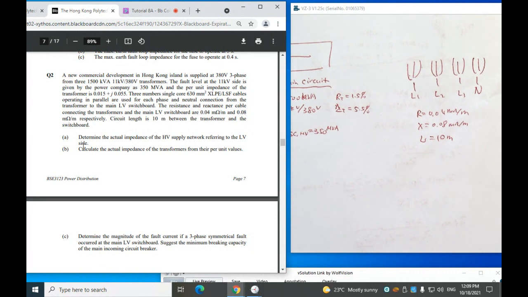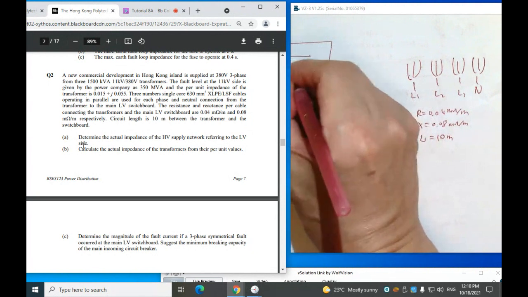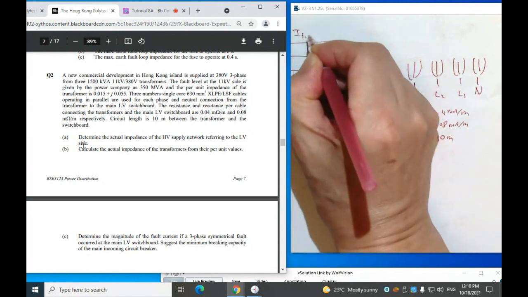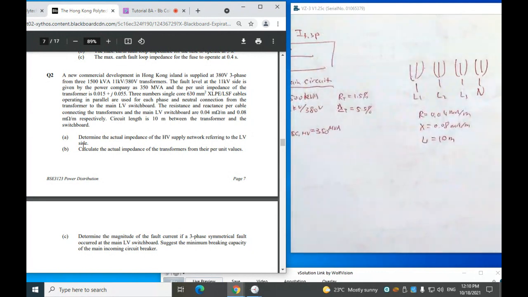We want to find out the impedance, and also the three-phase fault current at the main LV switchboard, the maximum fault current, or the three-phase fault current, same thing.